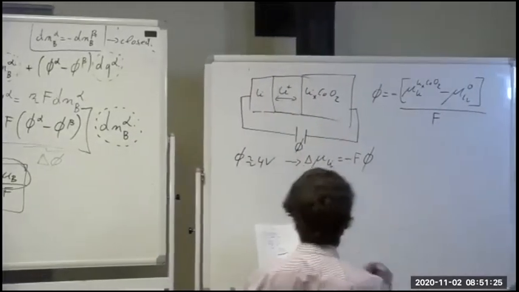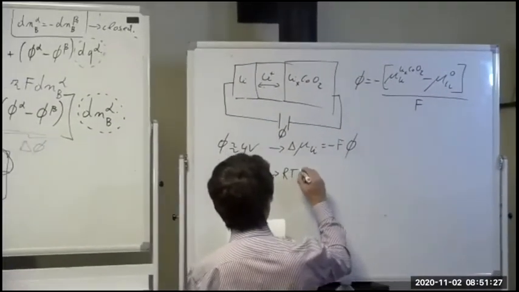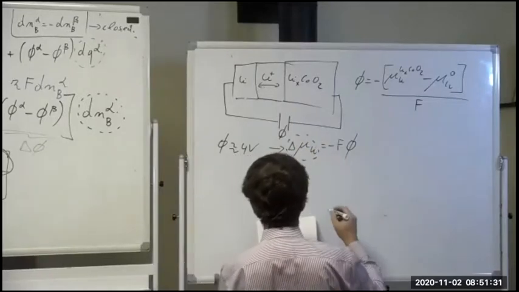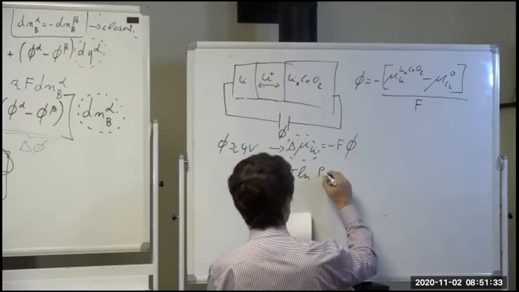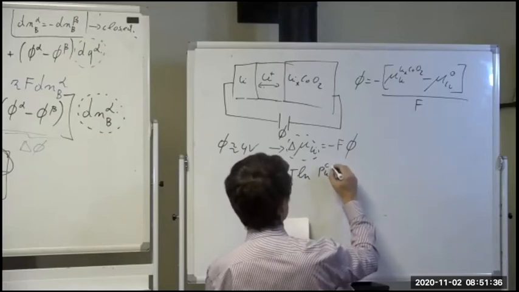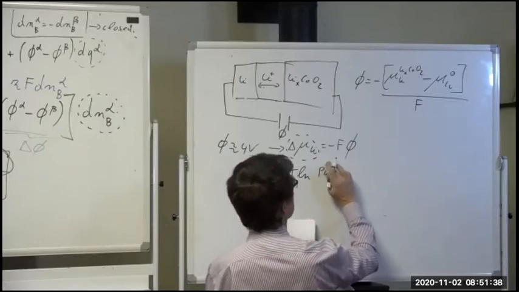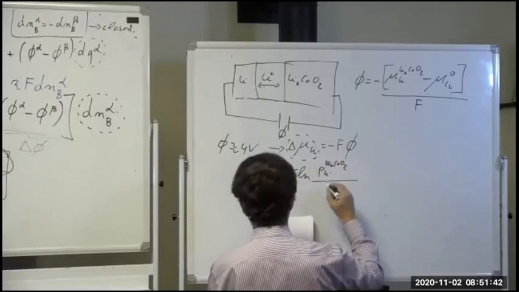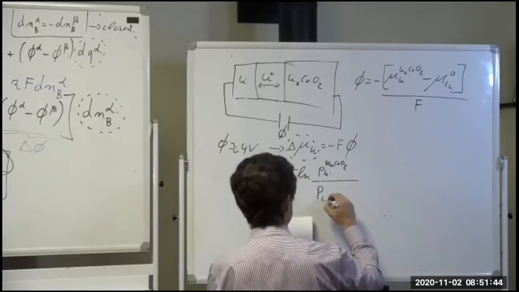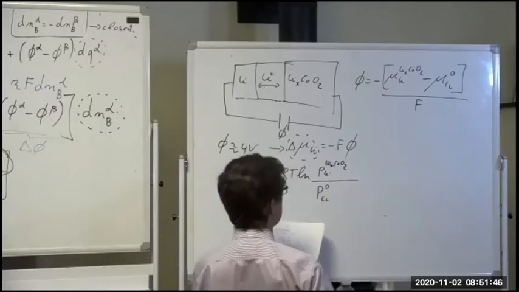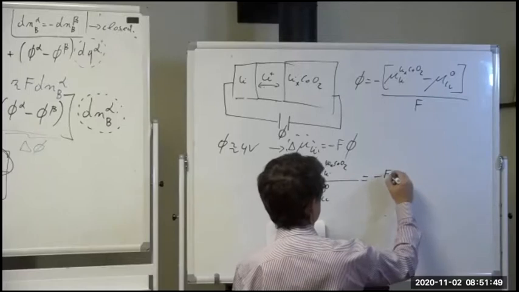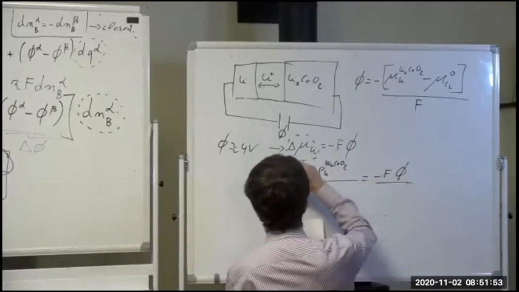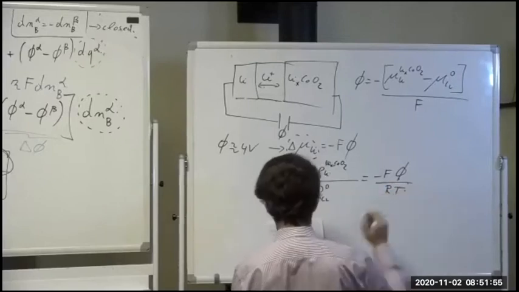I can turn this into relative vapor pressure, so that's RT log P lithium on the cathode side, I didn't tell you what cathode was, so lithium cobalt oxide, divided by P lithium in the reference state, which is the metal, is minus F, the Faraday constant, times the potential, divided by RT, if I get rid of the RT there.